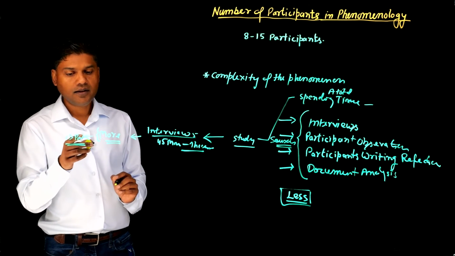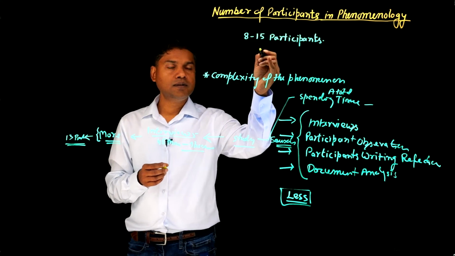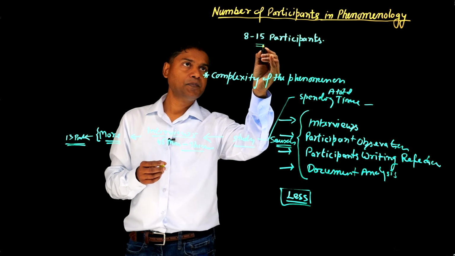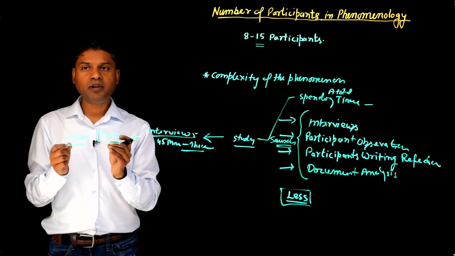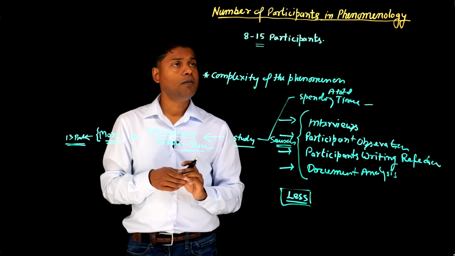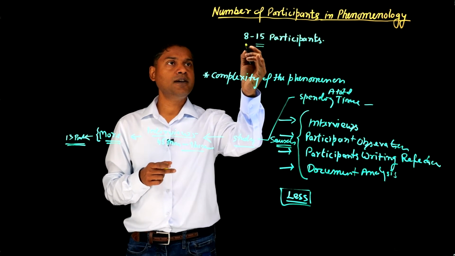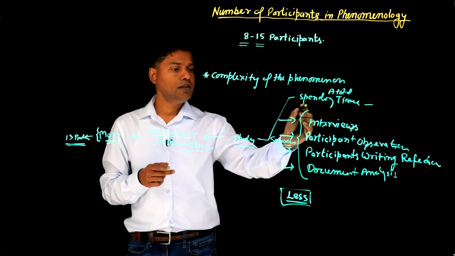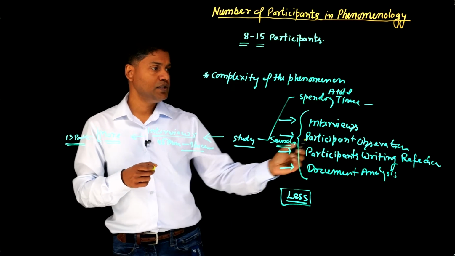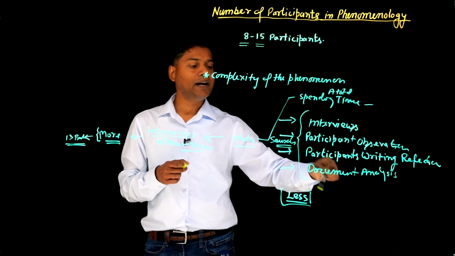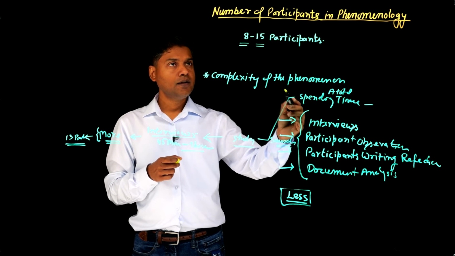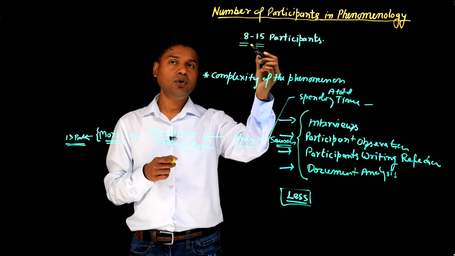So you see, the number of participants tends to be more on this side. When you have one means of data collection, the study is a little less complex. But if I'm collecting many different sources of phenomenological materials, and the phenomenon is more complex, you may end up on the lower side.